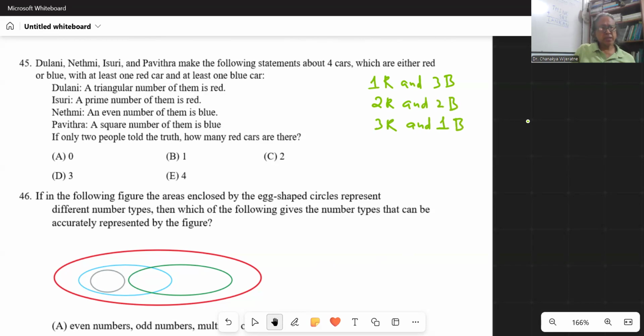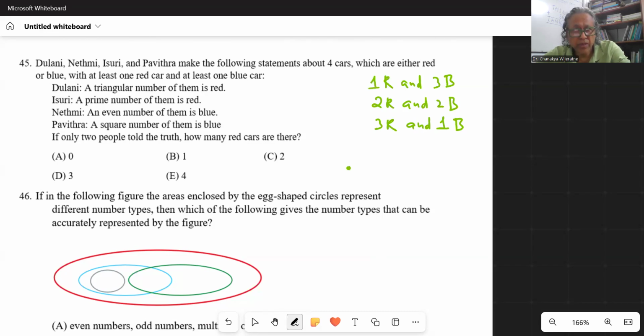Now, Dulani says the triangle number of them is red. Now, what are triangle numbers? These are numbers where, if we take the same number of dots as the number, we can arrange them in a triangle, for example.